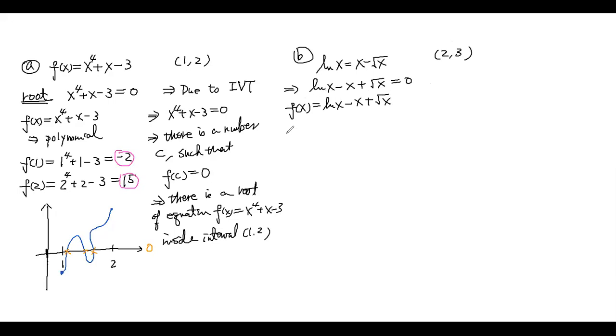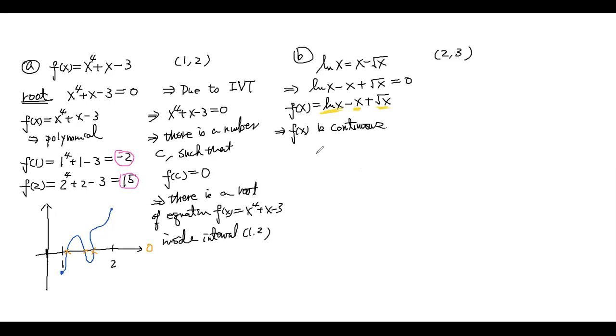So we know f(x) is continuous. Why is it continuous? Because I have a natural log function, a polynomial, and a root function. All these three are continuous.